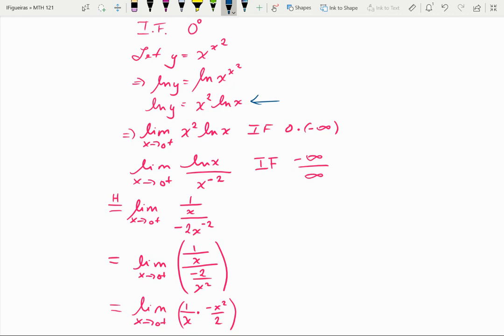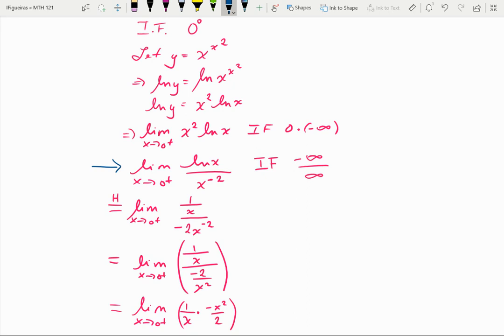So the limit as x approaches 0 of x squared ln of x, again by direct substitution, would be indeterminate form of 0 times negative infinity. Again, recognizing the graphs of your ln function, as well as all the trig functions that we talked about before, is really helpful. We still don't have a quotient, so we're going to use what you know about your exponents and their rules.